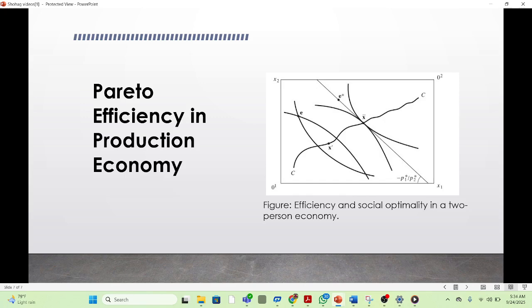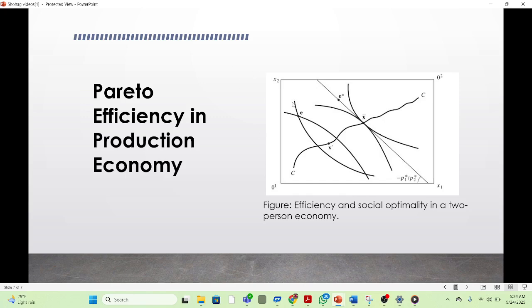The graph visually shows that Pareto efficiency occurs when you cannot increase one person's utility without reducing the other's, at the point of tangency between the PPF and the indifference curve. If you want, I can draw a simplified version.